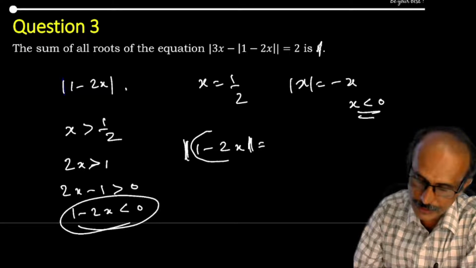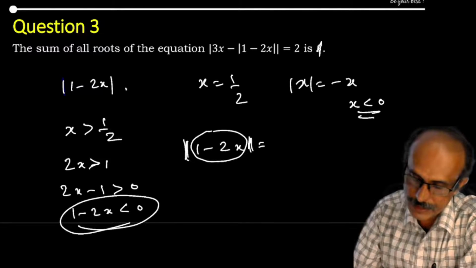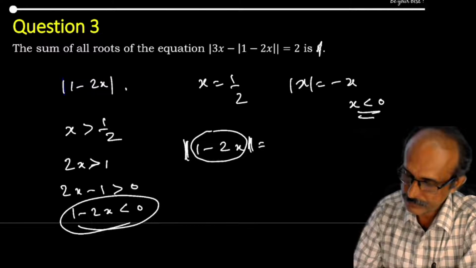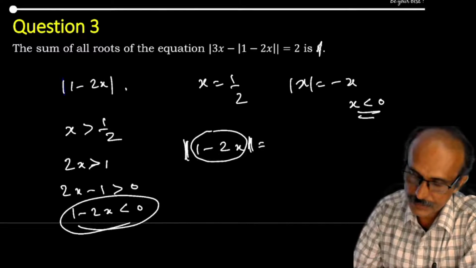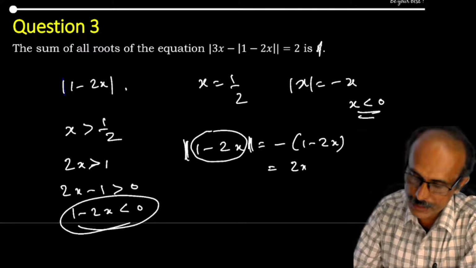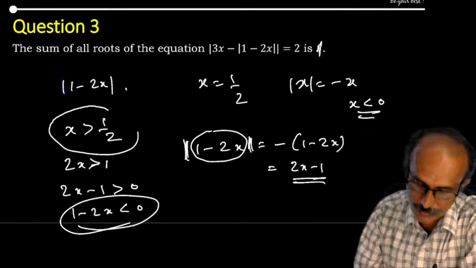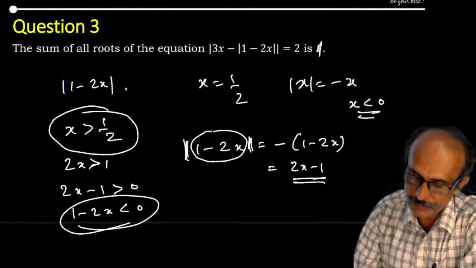That is the negative of 1 minus 2x, which is equal to 2x minus 1. So in the case x is greater than 1 by 2, we have this conclusion.